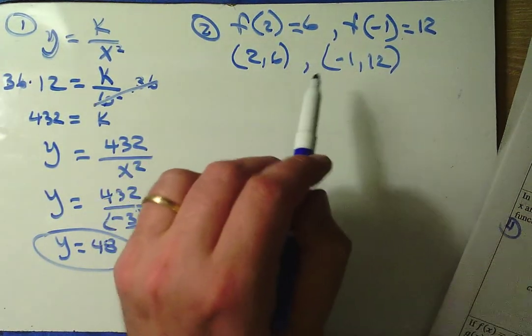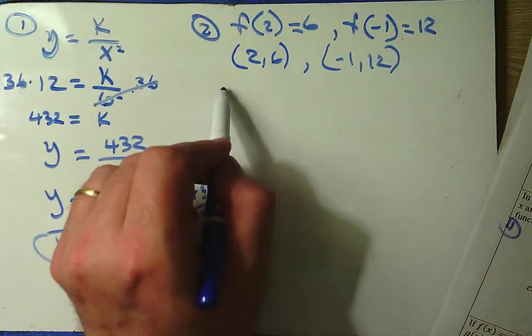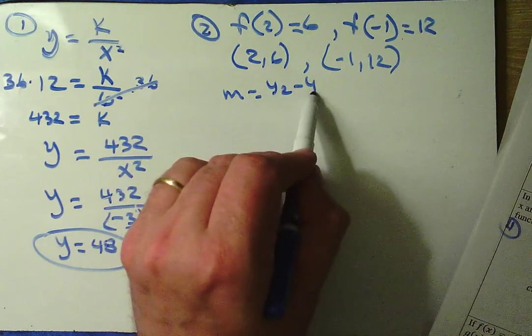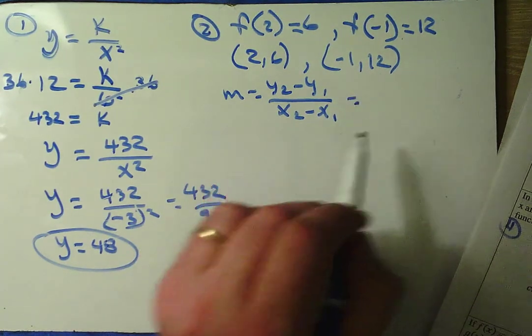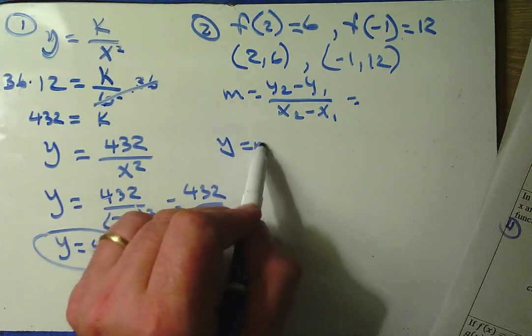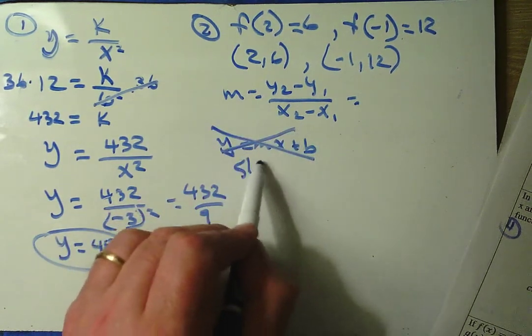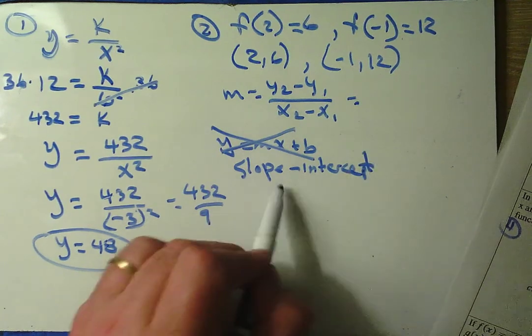So with two ordered pairs, can I find the slope of the line connecting them? Sure. We remember the slope formula, y2 minus y1 over x2 minus x1. Please don't write y equals mx plus b. That's not the slope formula. That's called the slope-intercept form of a line.